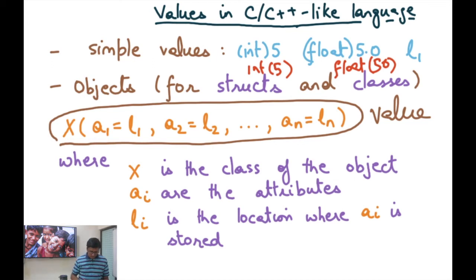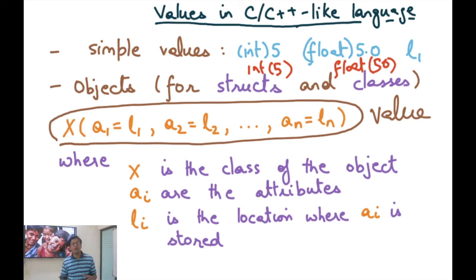We are only saying that, look, there are some locations that have been decided for A1, A2, and so on. And those locations are just abstract quantities L1, L2, and Ln. We are not really saying anything about how these locations are represented or how these things are packed. So X is the class of the object, the Ai are the attributes, and the Li are the locations where the Ai are stored respectively. All right. And this is also a value.